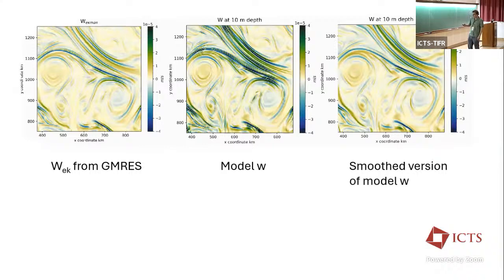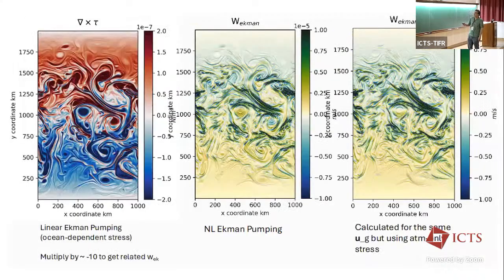The currents came from the simulation with the ocean velocity dependence. So this is my offline GMRes calculation of W with and without the surface velocity dependence included. And these structures are basically the same.